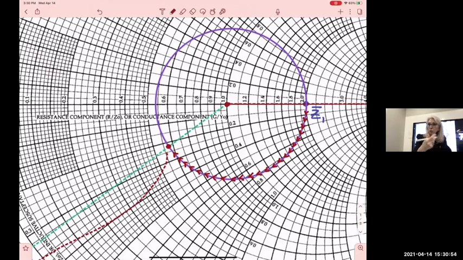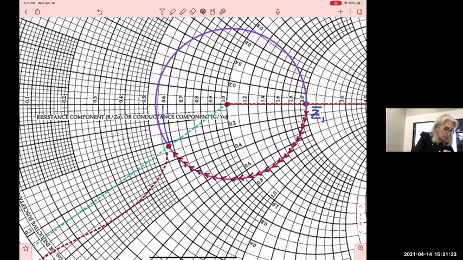I'm not gonna draw circles. I'm gonna just show you how I'm gonna do it. To find the real part, I'm gonna go like this, until I'm going on this circle, it's the constant resistance circle that goes from this point, and I see where it intersects the horizontal line. You see 0.5, 0.6, 0.5 is to the left, 0.6 is to the right, it's a logarithmic scale.